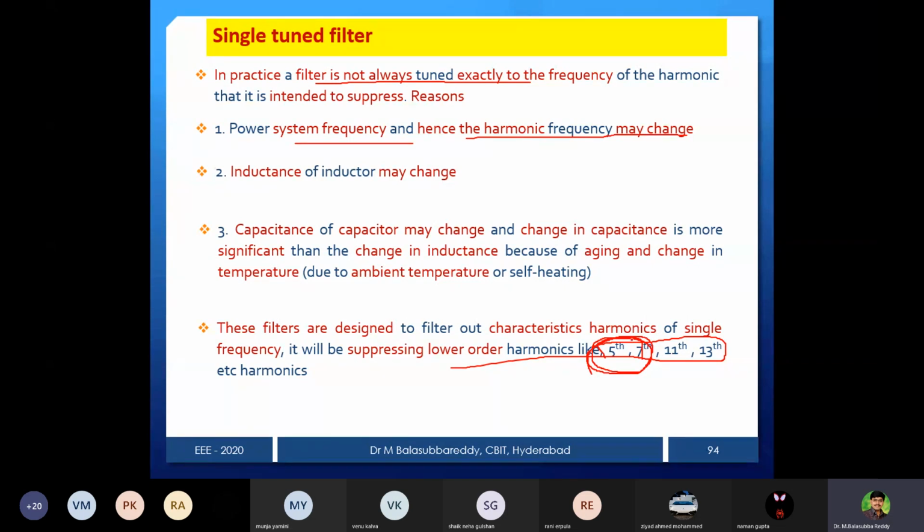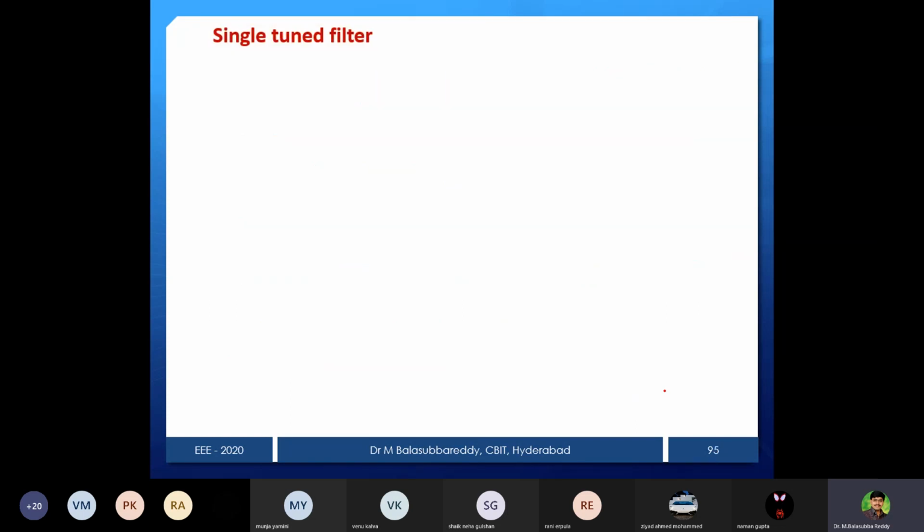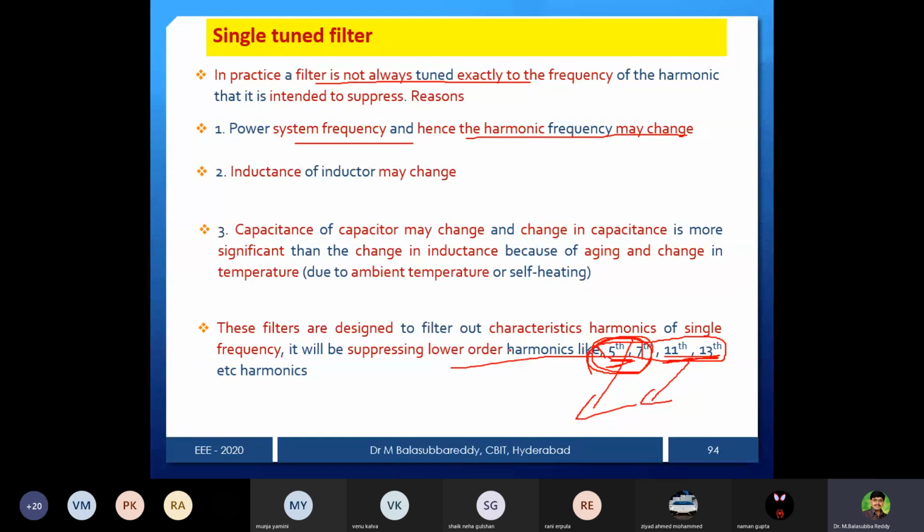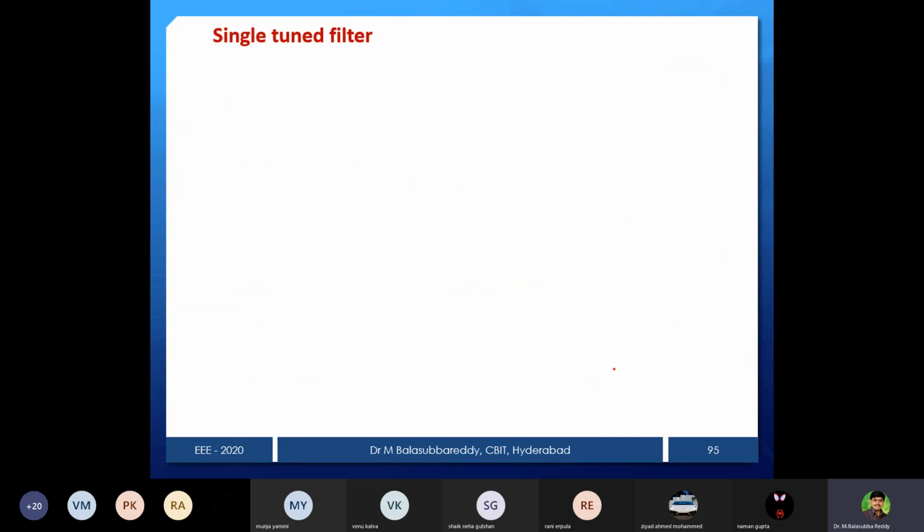So for the 6 pulse converter we have the 5th order and 7th order. For the 12 pulse converter we have the 11th and 13th order harmonics. So these are the harmonics, and the lower order harmonics are going to be suppressed by this design.